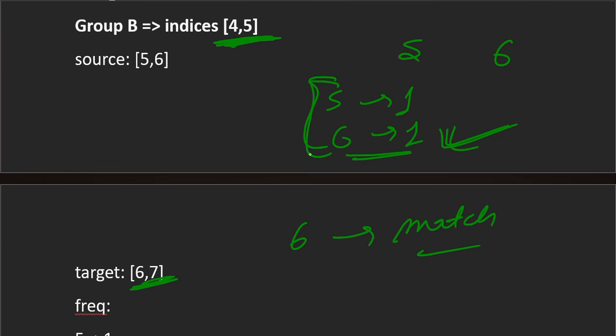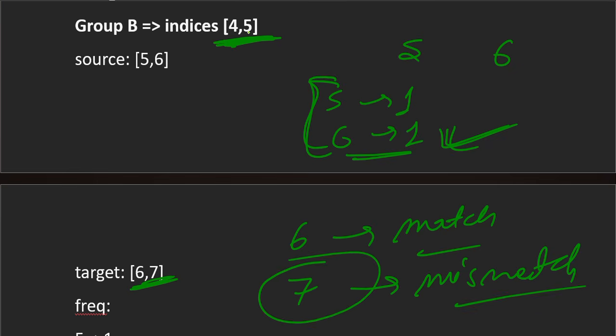Then we check 7, but in the frequency map 7 is not present. That means it is a mismatch. We can't swap and get 7 at this place. So it is a mismatch, and our answer is 1.